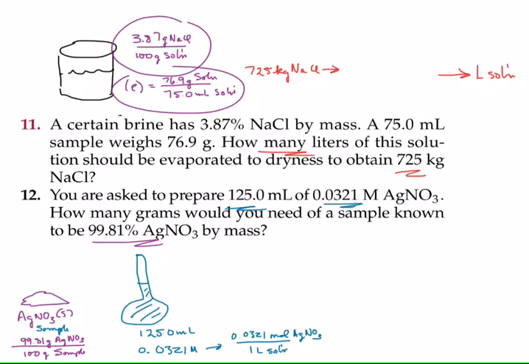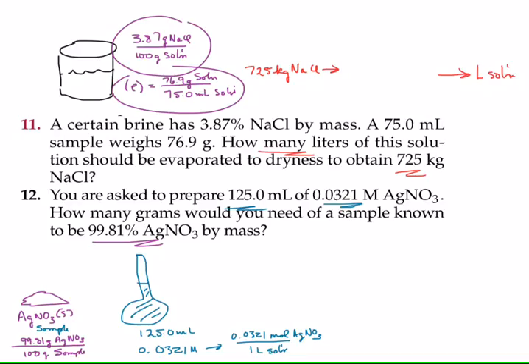So the next one, they give you the volume and the target molarity of the solution you're trying to make up. And it says, how many grams would you need if you know your sample is impure, is only 99.81% silver nitrate by mass.